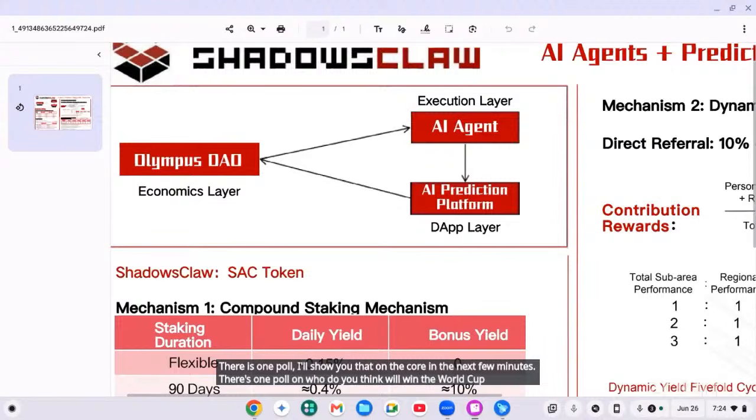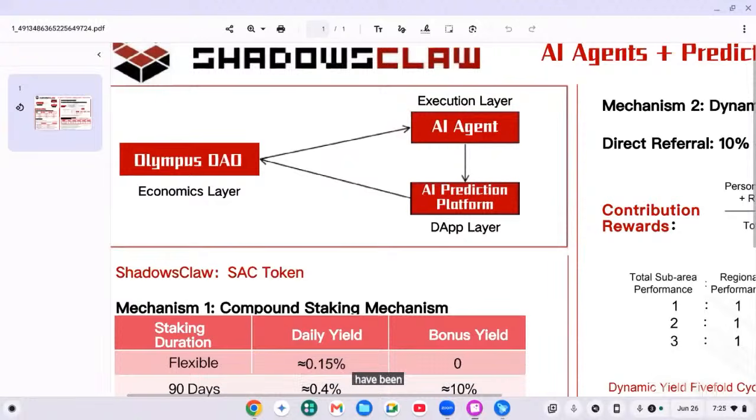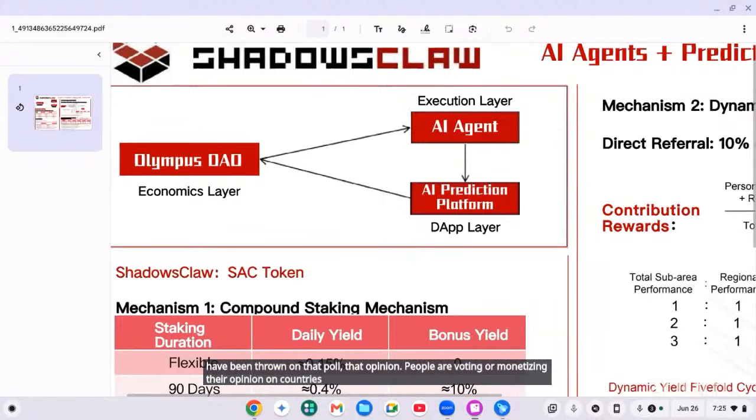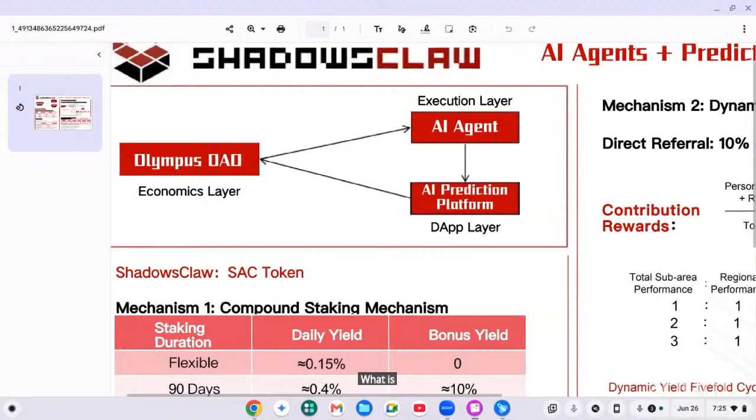As we speak now, over $3 billion. Guys, I'm not quoting this off head. Over $3 billion have been thrown on that poll, that opinion. People are voting or monetizing their opinion on countries they believe are going to win the World Cup. What is their motive? They are there to also make some money off the market.